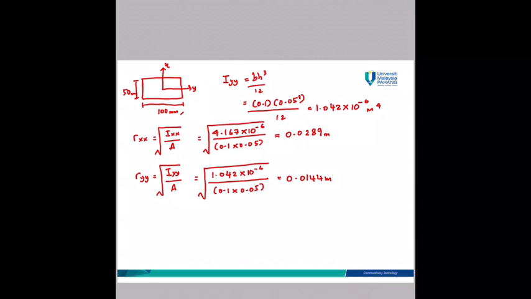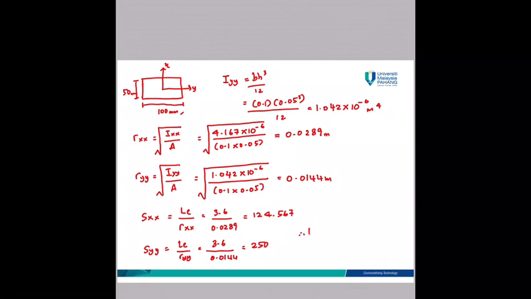After you get your rxx and ryy values, you can calculate the slenderness ratio. Based on the slenderness ratio values, the column will buckle at the Y axis, because the slenderness value for Y is bigger than for X. So the column will buckle at the Y axis.